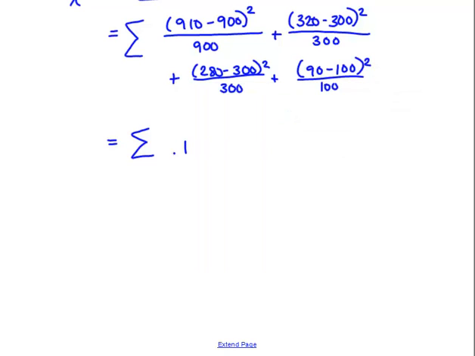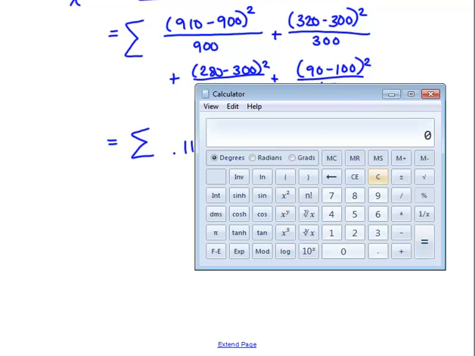So let's write 0.1. Now the next number, you have 320 minus 300 is 20. 20 squared is 400. And now you're dividing by 300. You get 1.333 repeating.